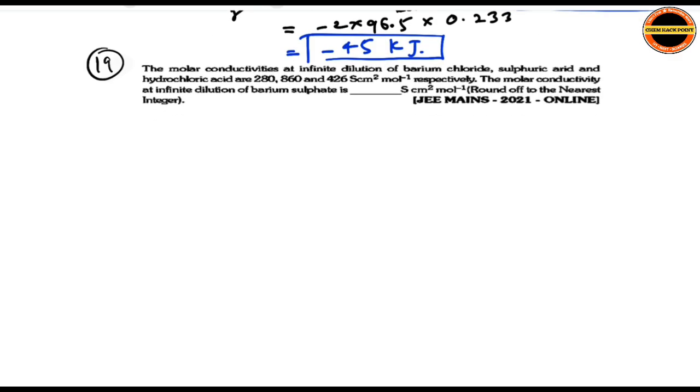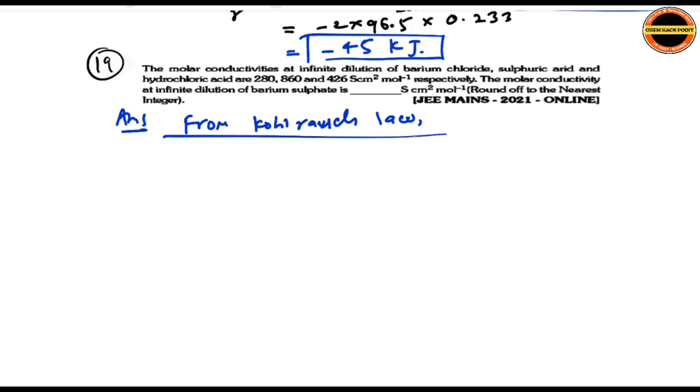Next question. Molar conductivity at infinite dilution, values given. Here we know from Kohlrausch law what we can write: lambda m infinity of BaSO4, barium sulfate, is equal to lambda m infinity of Ba plus 2 plus lambda m infinity of SO4 minus 2.